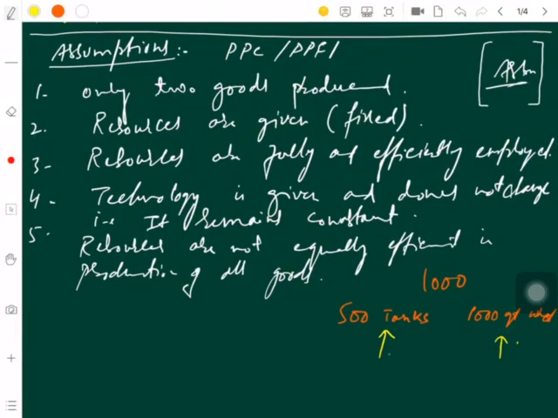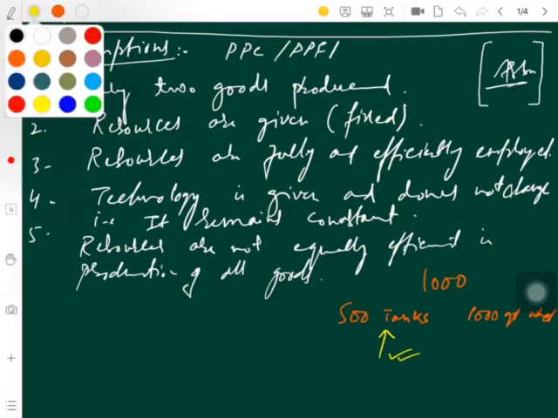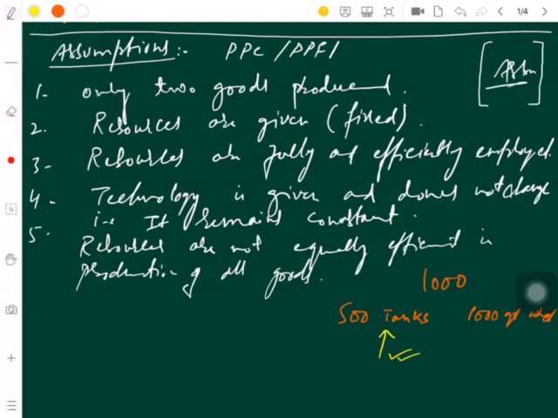I'll make a downward arrow. Or vice versa, if we decrease the production of tanks, we will be able to increase the production of wheat.